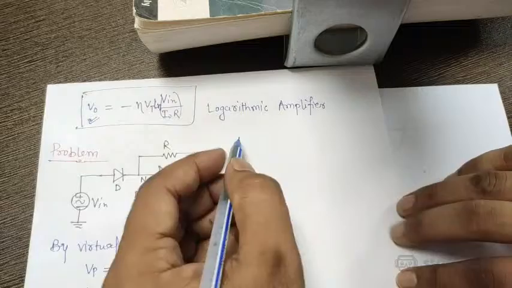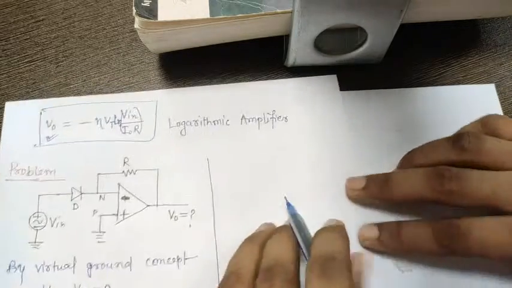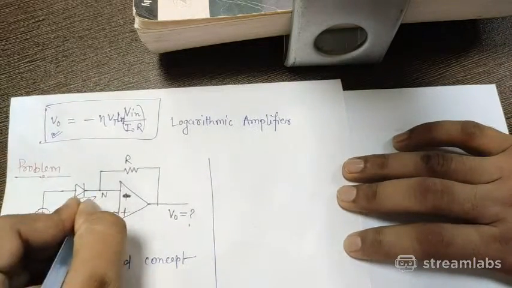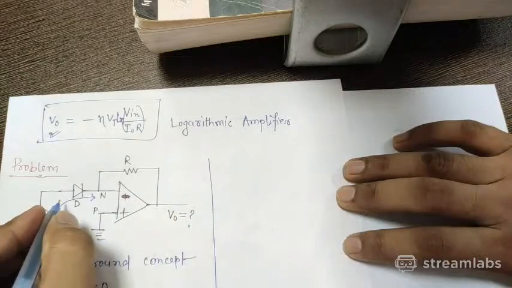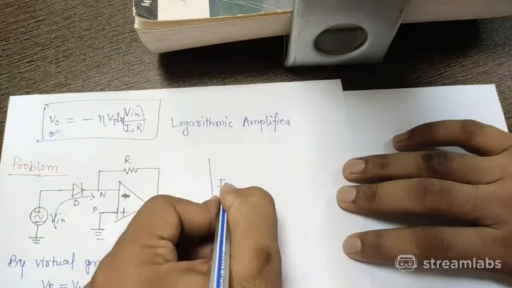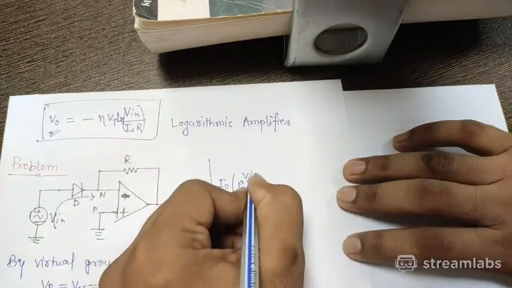When I apply KCL at this node, then I have to take the input coming current. That current will be equal to the current of diode.